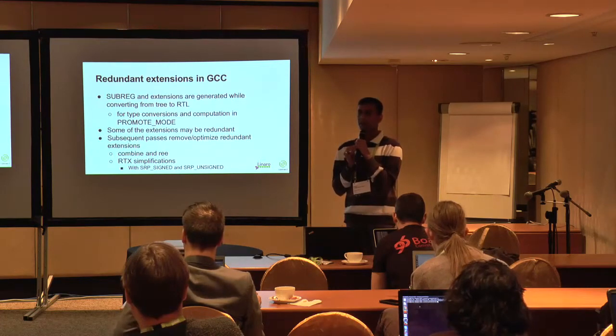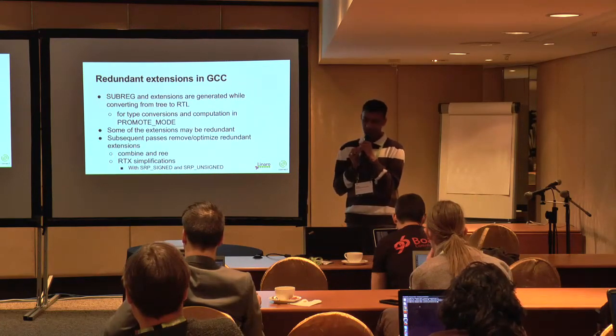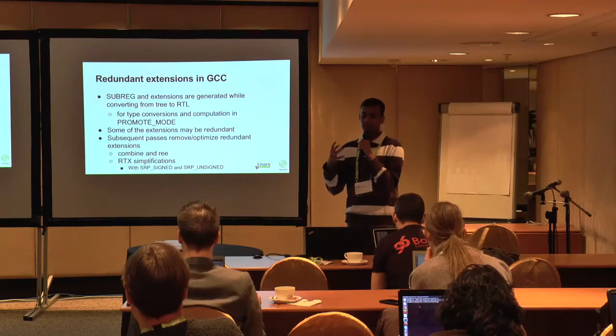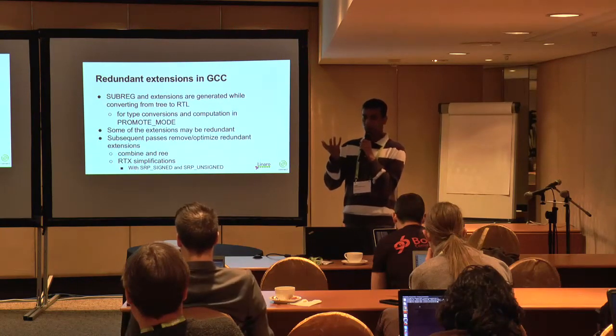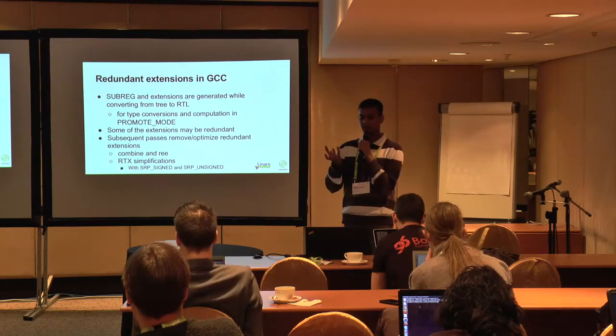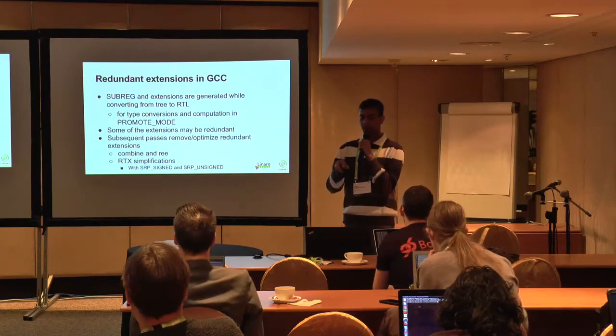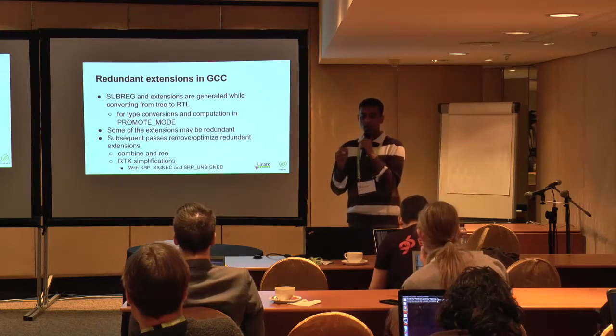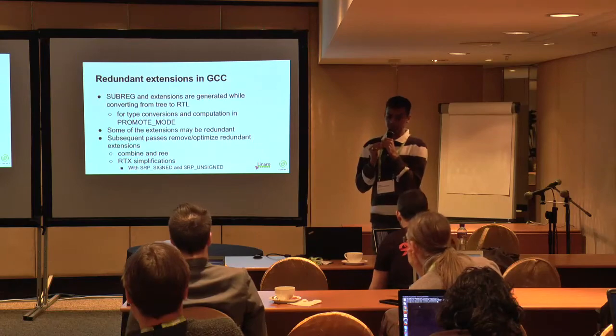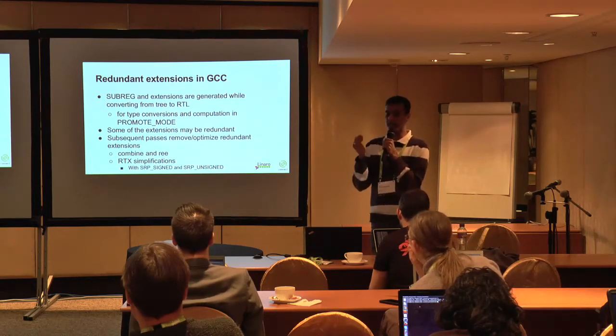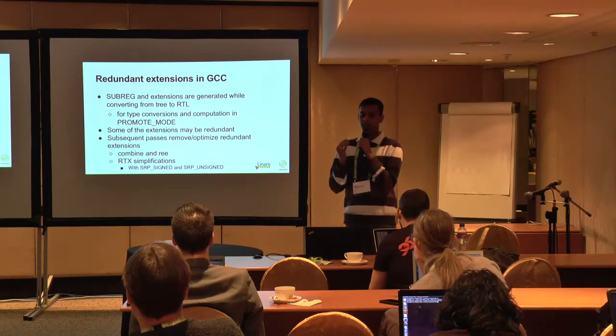For example, the combine and redundant extension elimination passes can combine the extension with its use to simplify instructions. I'm going to show you these two examples in the subsequent slides. Also, there are RTX simplification routines spread throughout the RTL. They work based on the attributes set by the tree to the subreg promoted mode.